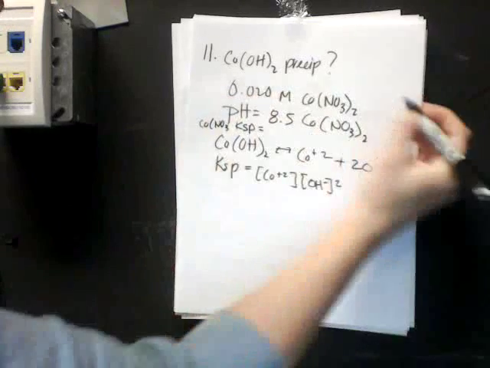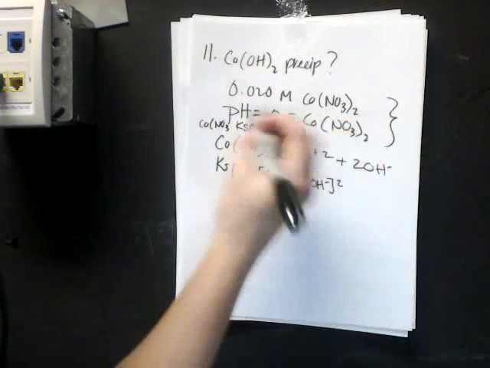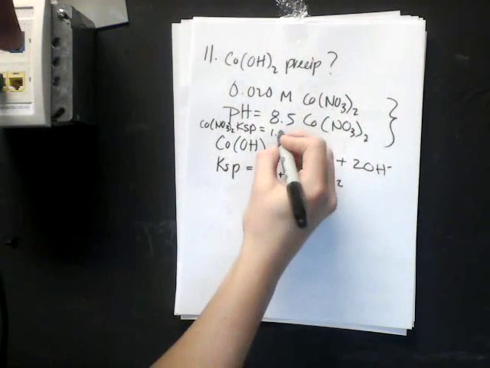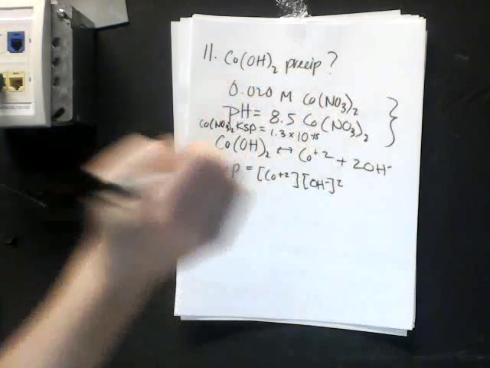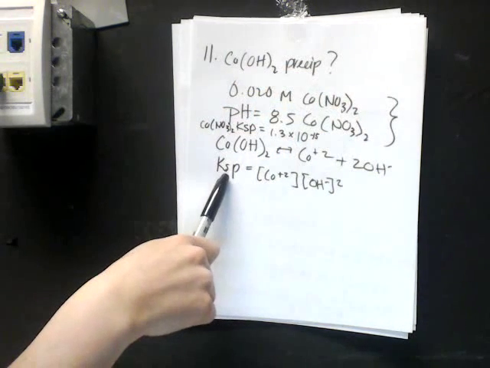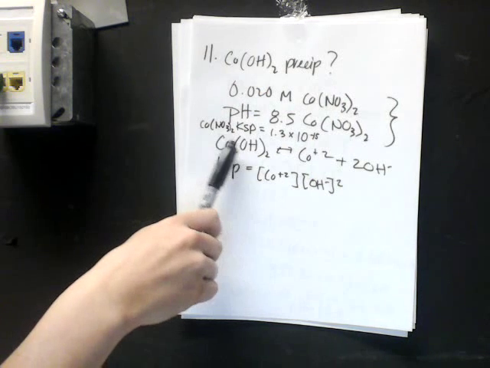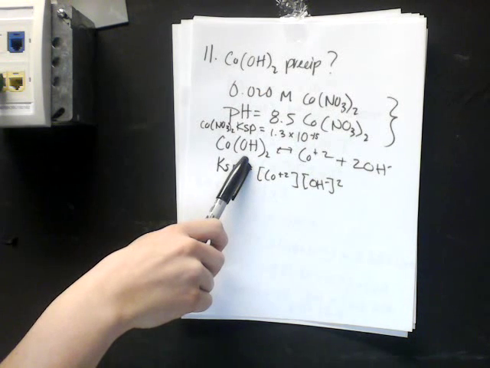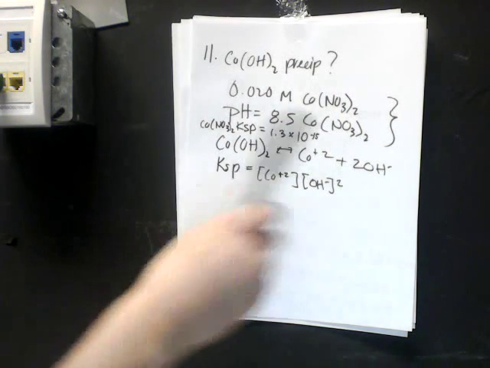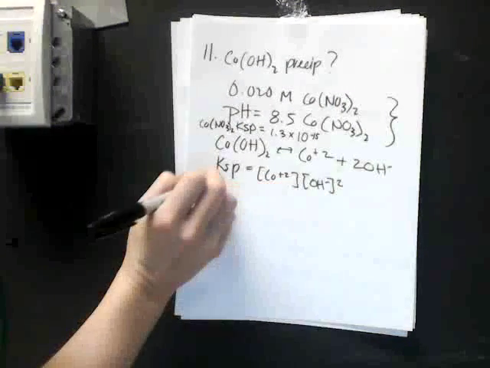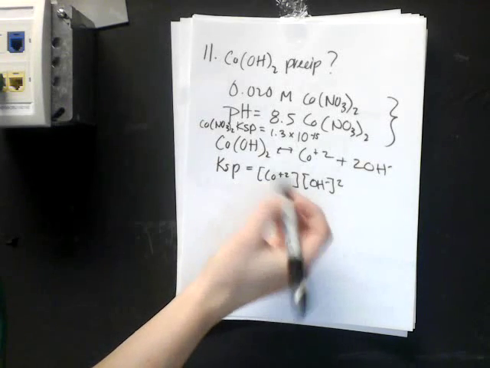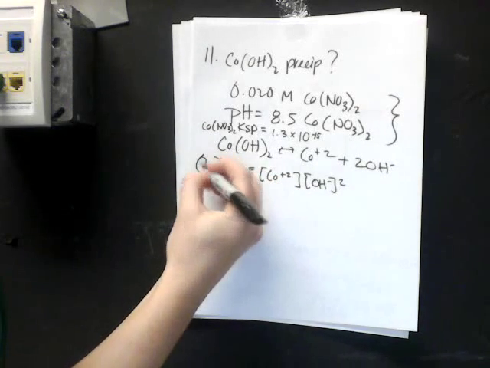So all of these values are for the same thing. We're trying to find the value for cobalt hydroxide, so we're going to say that this is equal to Q. We set it up as a Ksp, but we're going to say Q.